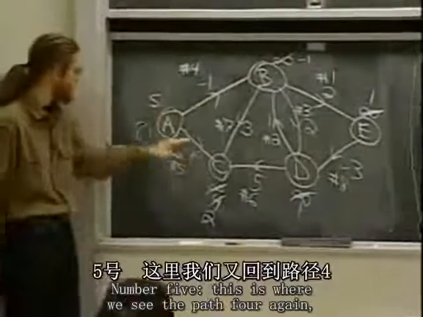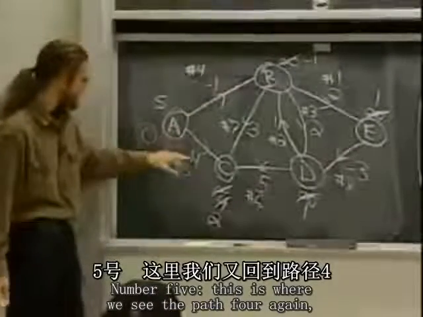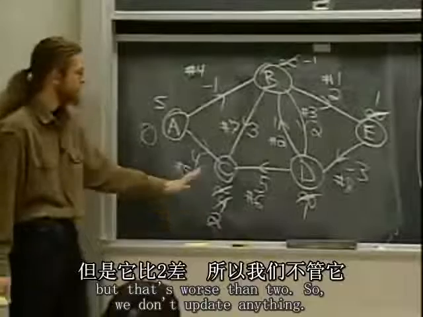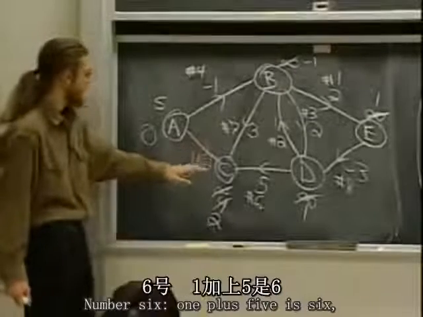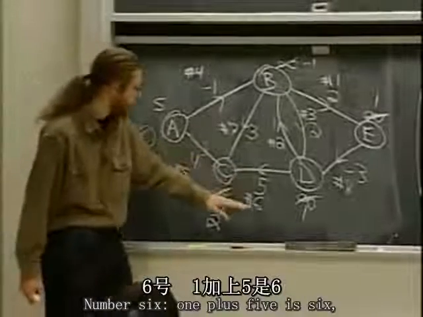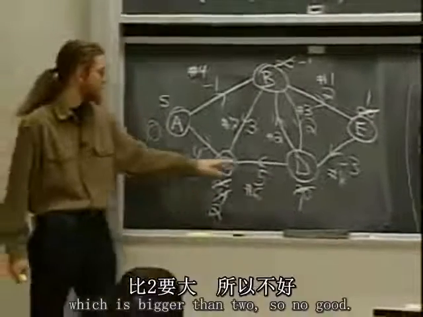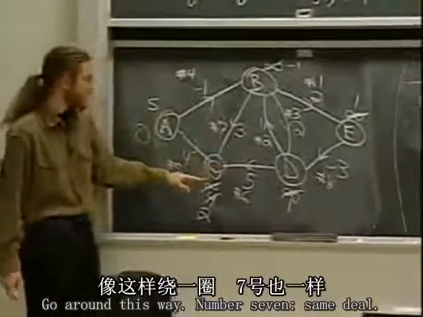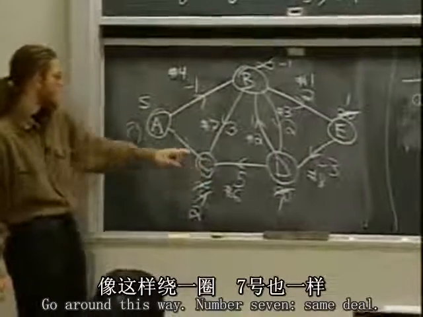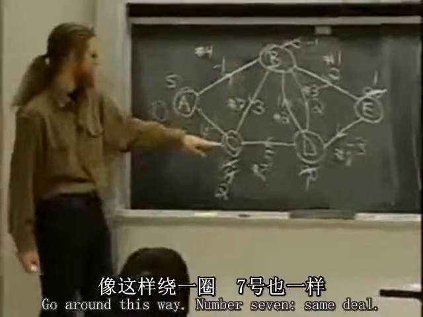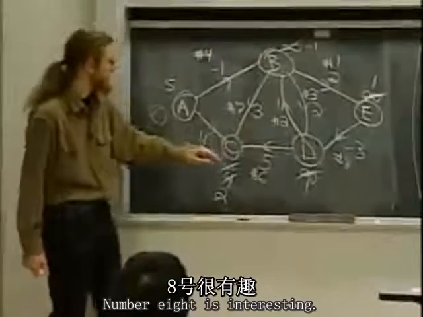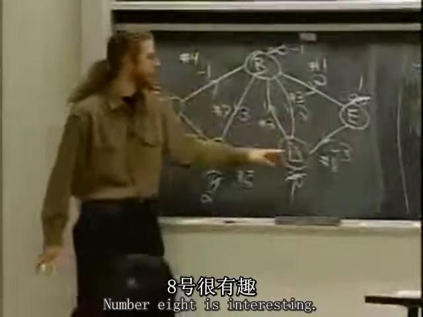Number 5, this is where we see the path 4 again, but that's worse than 2, so we don't update anything. Number 6, 1 plus 5 is 6, which is bigger than 2, so no good to go around this way. Number 7, same deal. Number 8 is interesting.